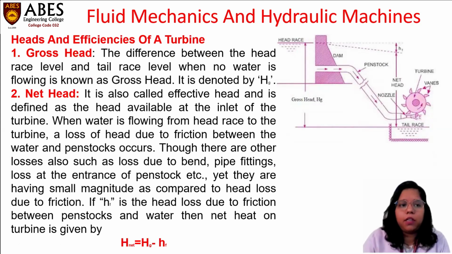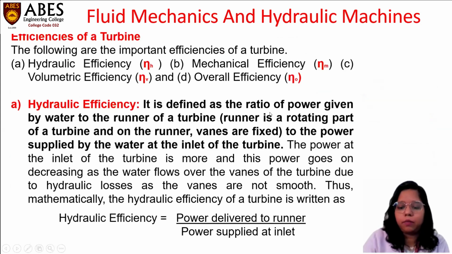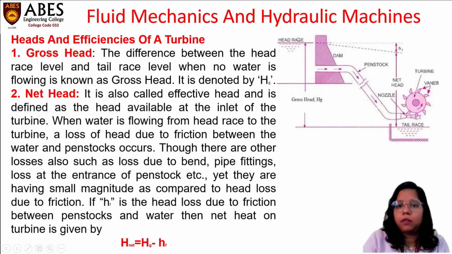The difference between the head race level and tail race level, where no water is flowing, is known as gross head. This is the head race level and this is the tail race level. The distance between head race level and tail race level where no water is flowing is the gross head, HG.